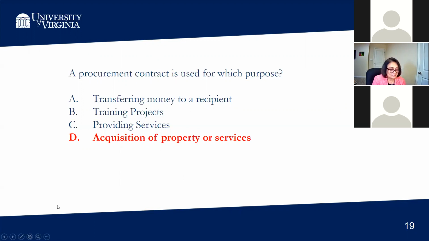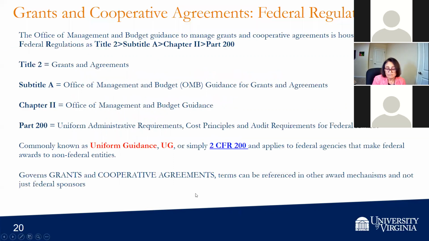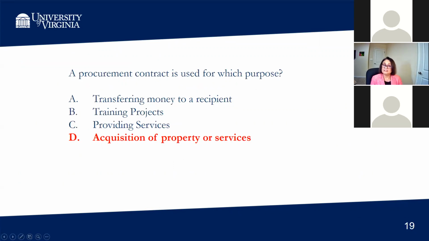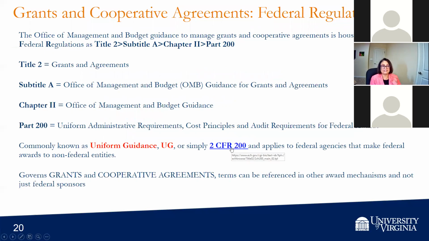Okay, property doesn't mean that it is tangible property. It can be intangible property also, or services from us. So that's why the answer is D. You will know why it is D, because you will see the definition of property during the presentation.